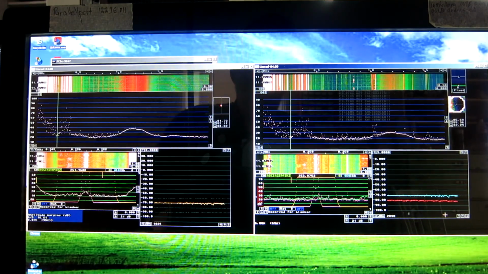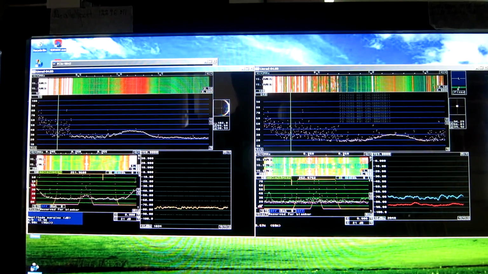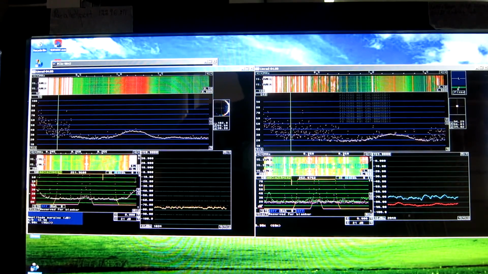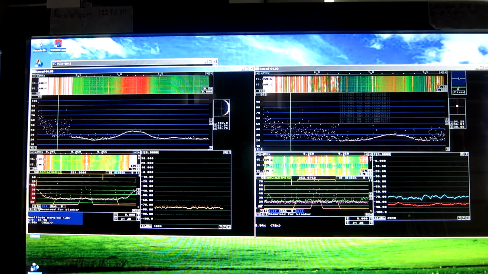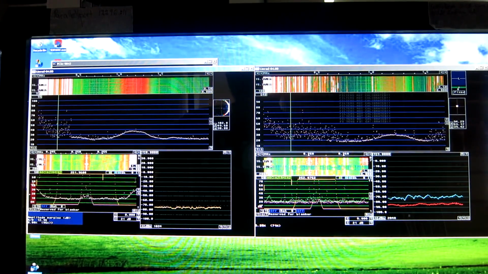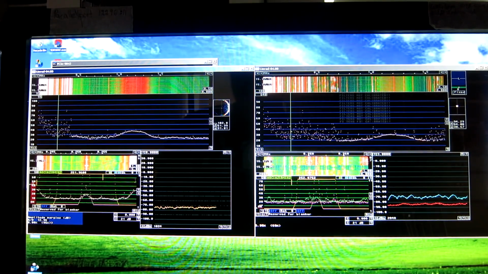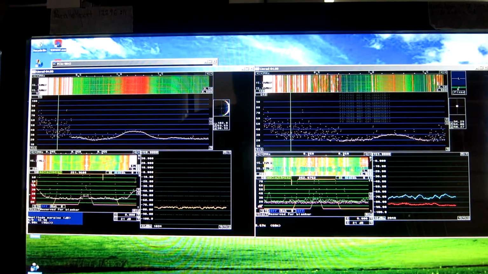Now it is 5:30 in the afternoon. I'm listening to PCIe 9842 on 252 kilohertz, and it sounds nice.